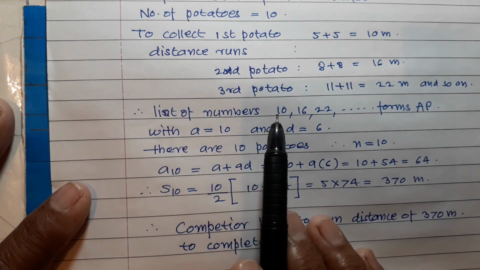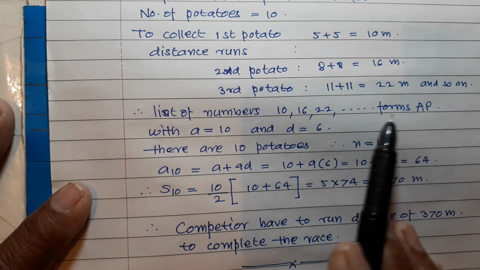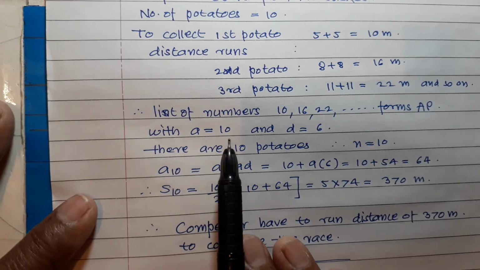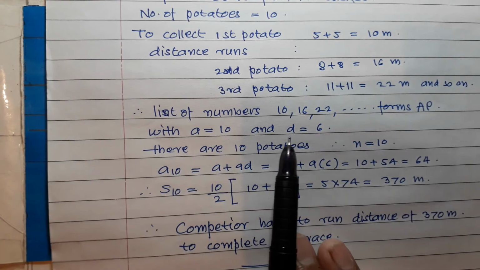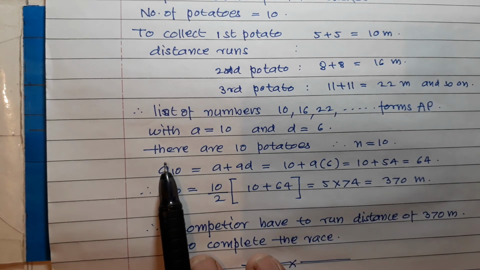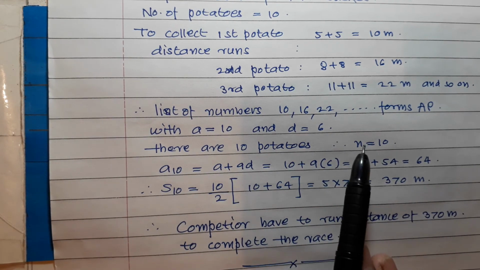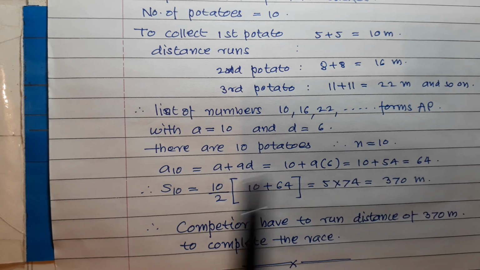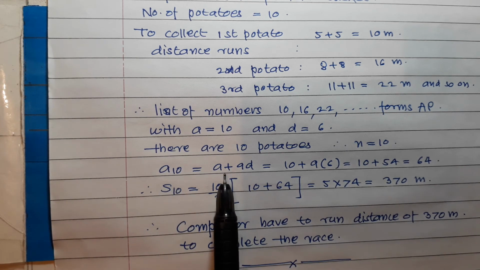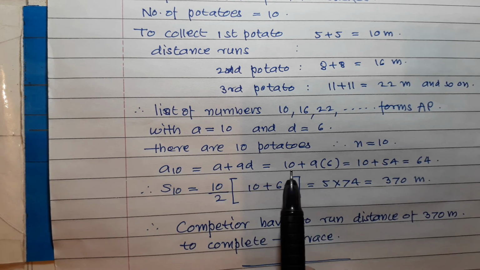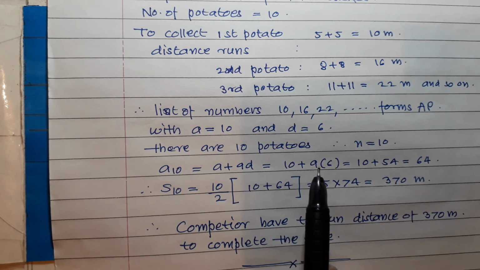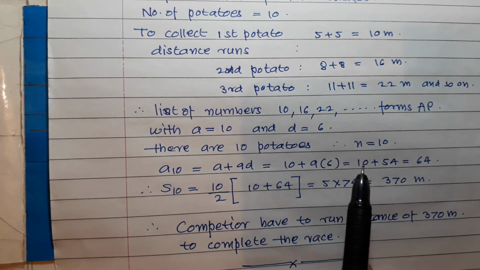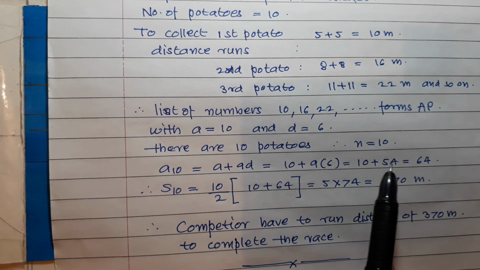So the list of numbers 10, 16, 22 forms an AP with a equal to 10 and d equal to 6. There are 10 potatoes, hence n is equal to 10. A10 is equal to a plus 9d, which is 10 plus 9 into 6, equal to 10 plus 54, equal to 64.